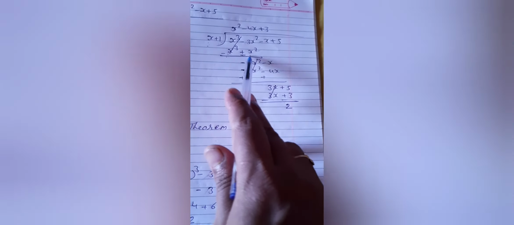First we multiply x square because we want x cube. So it becomes x cube plus x square. Write it down, and x cube is cancelled. This becomes minus 4x square minus x.